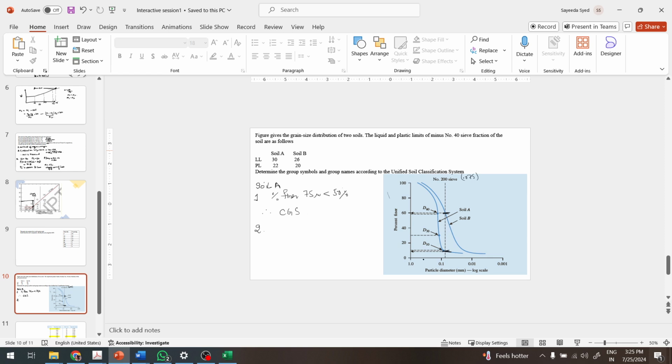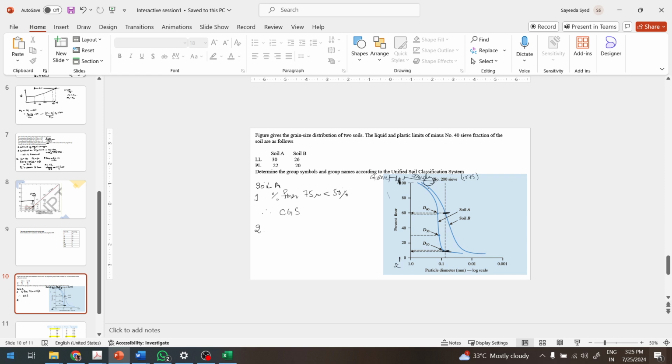This will be somewhere here. So the percentage retained on 2 mm is 0. So we can say this is all sandy, because gravel will be here. This portion is all sandy. So we see the second part.